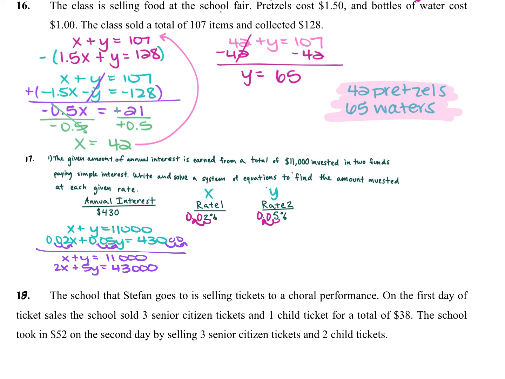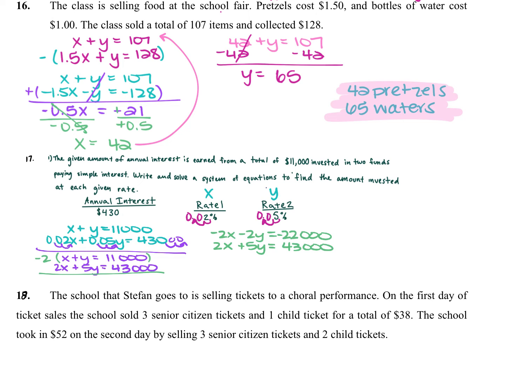Now, in order to use elimination here, I would multiply the top equation, let's say by -2. So then we are working with -2x minus 2y is equal to negative 22,000, as well as 2x plus 5y is equal to 43,000.